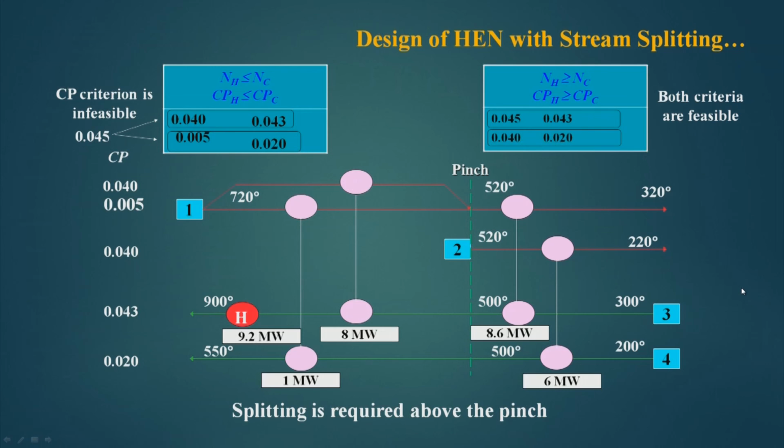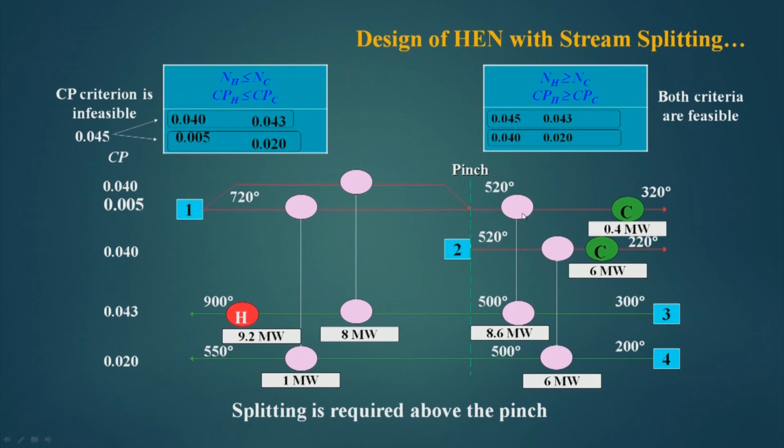So, we need a cooler. So, 2 coolers are put here, because this has a capacity of 520 minus 220 into 0.04, 12 megawatts. So, out of 12 megawatts it has given 6 megawatt to here and it has ticked off this, and this has given 8.6 megawatt to here, and it has ticked off this.